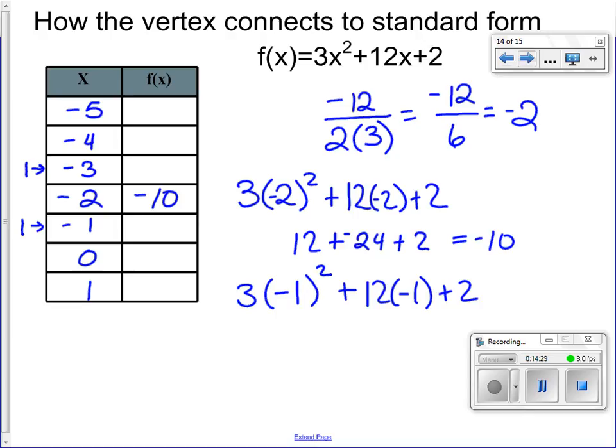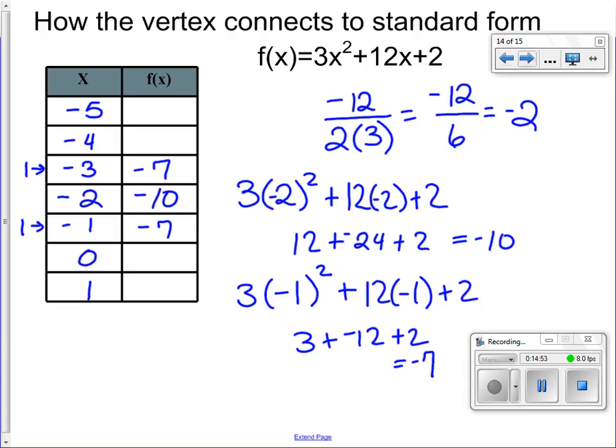Well, negative 1 squared is 1. 3 times 1, still 3. 12 times negative 1 is negative 12, and then we have to add 2. So 3 plus negative 12, that's negative 9, plus 2 more. That'll put us at negative 7. So that means this is negative 7, and this is negative 7.